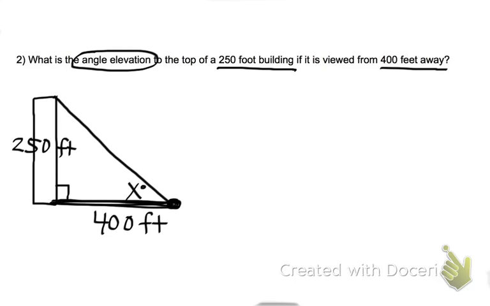All right, next I'm going to decide which trig function I'm going to use by labeling my sides. So 250 goes across to the other side, so that's my opposite. And then right next to it, the 400 is our adjacent side.